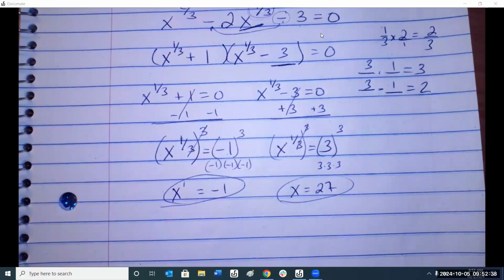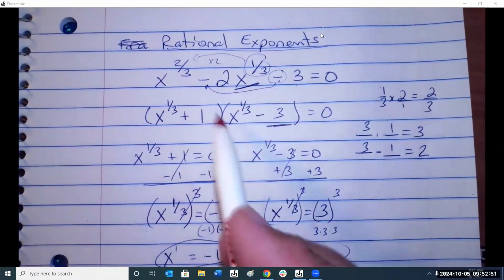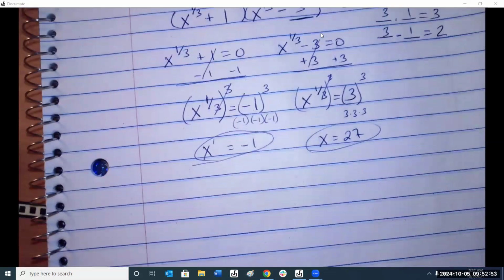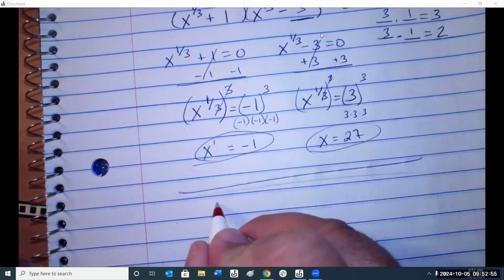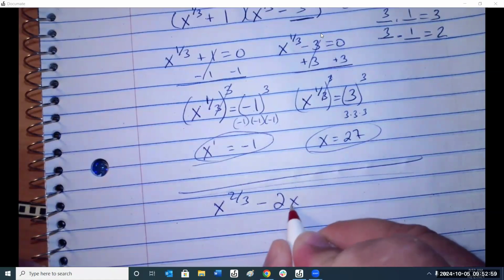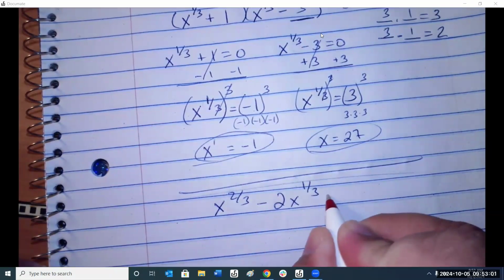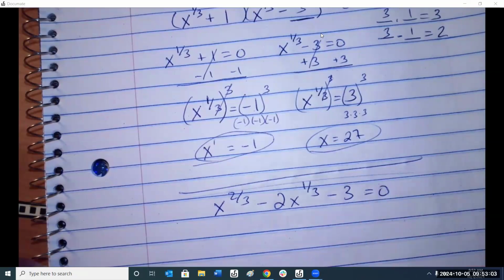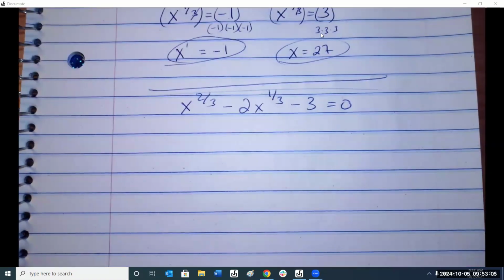All right. So, I mean, it's not difficult, but it does take practice. And again, we could have used the quadratic formula in this one. We had this equation here: x to the power 2/3 minus 2x to the power 1/3. First decide, is it quadratic in form?